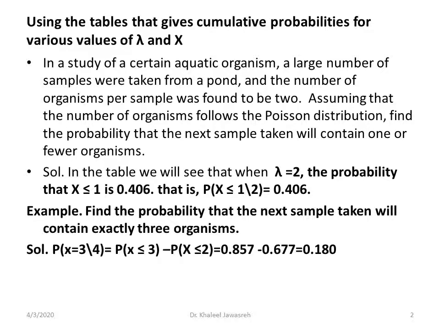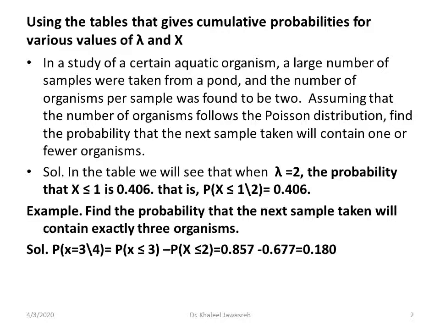The solution is: the probability of x equal to 3 equals the probability of x less than or equal to 3 minus the probability of x less than or equal to 2. Those are cumulative frequencies.